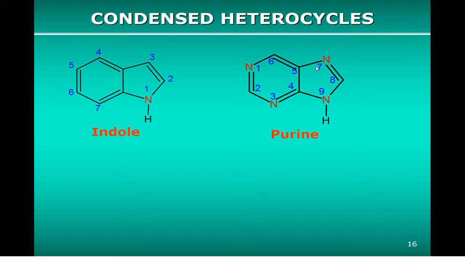And 4, 5, 6, 7, 8, 9, as 6 is already present in the 6-membered ring. And again, as the highest in priority, the pyrrole nitrogen atom has number 9. This is very important because in nucleic acid, this compound will form a unique bond, the N9 glycosidic bond.